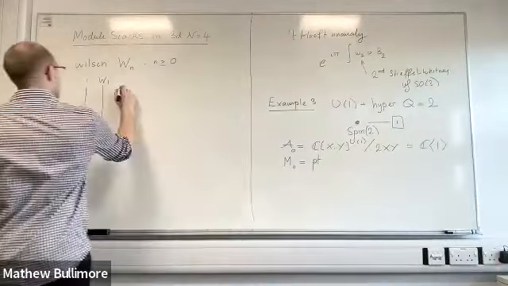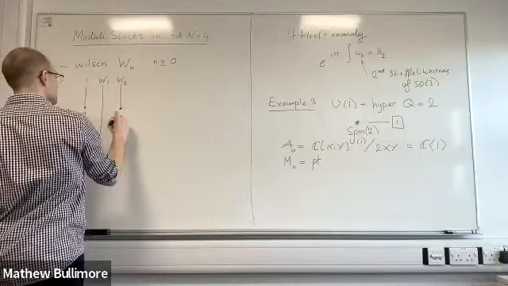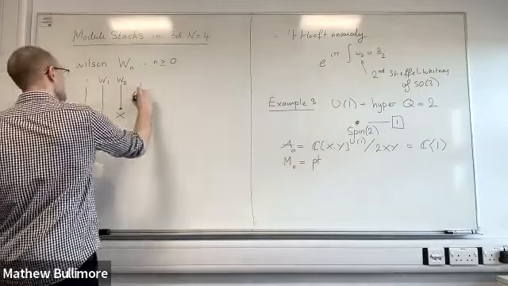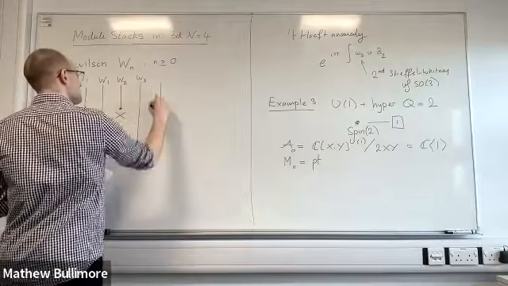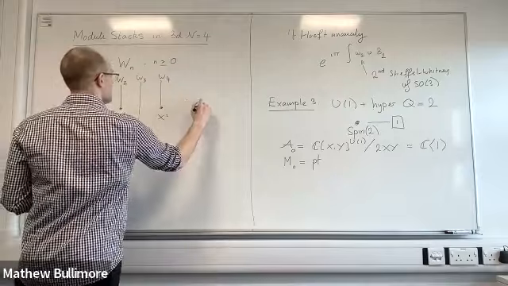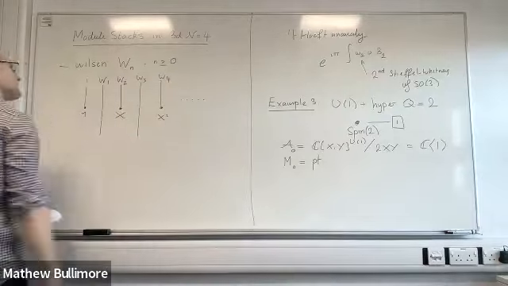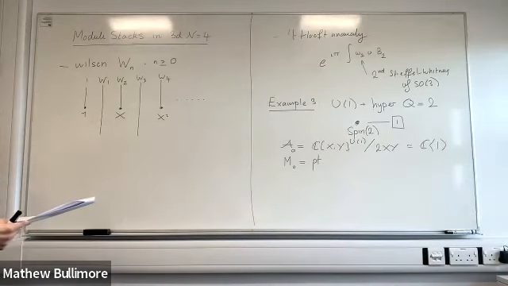But then W2 can certainly end. It could end on X. W3, well, that can't end. W4 can end on X squared, and so on and so forth. And so you build up an algebra in this way.